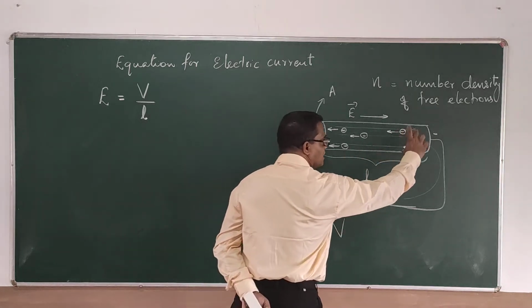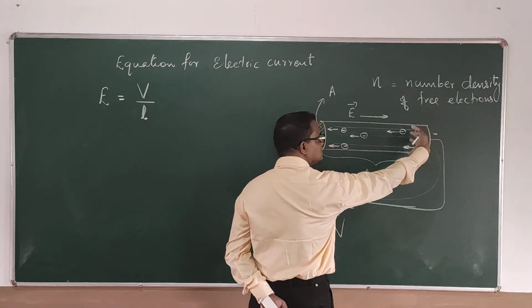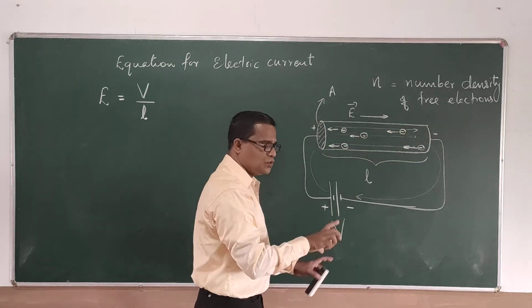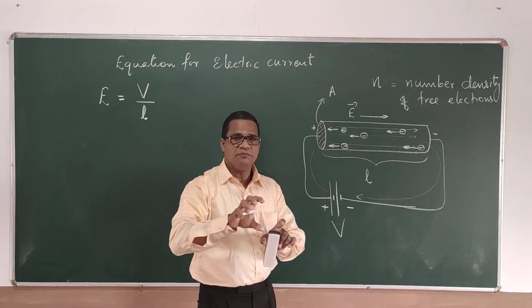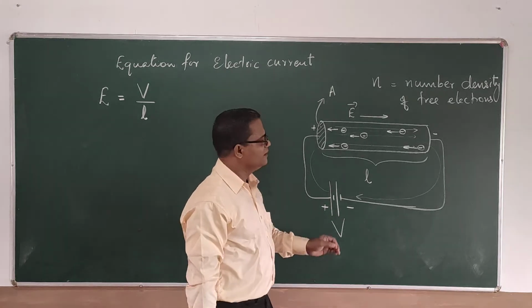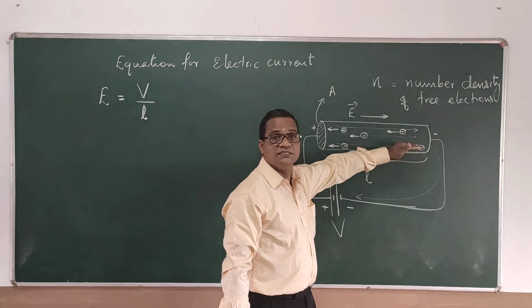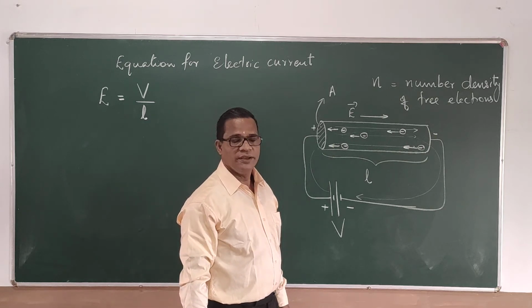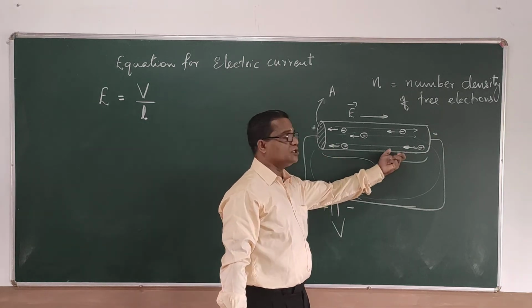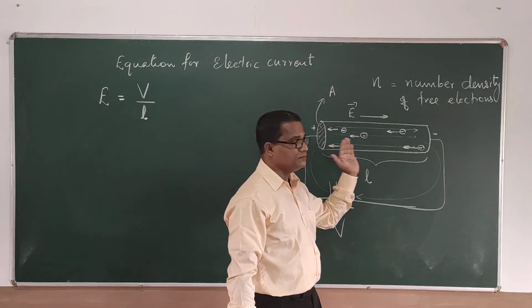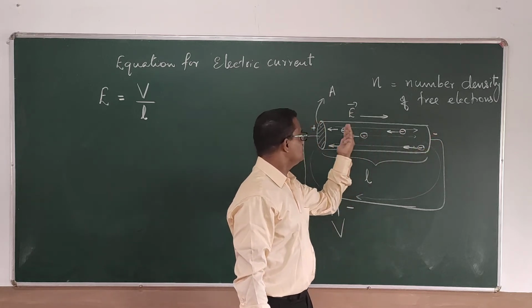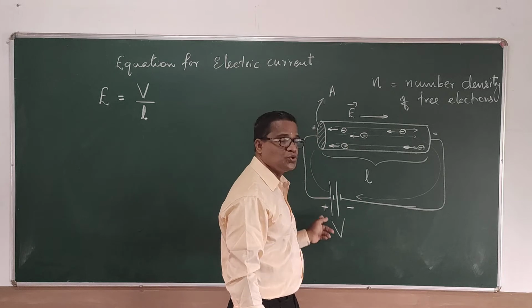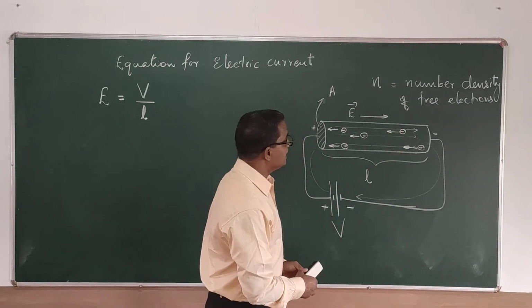Now, as the electrons are made to flow along this one particular direction, they flow in a streamlined manner, and therefore that constitutes an electric current.